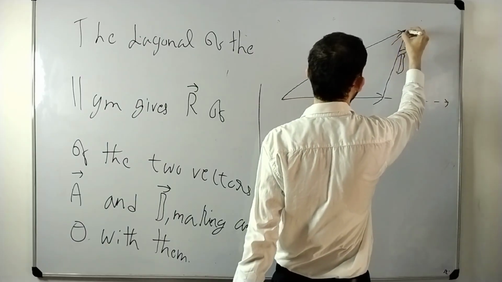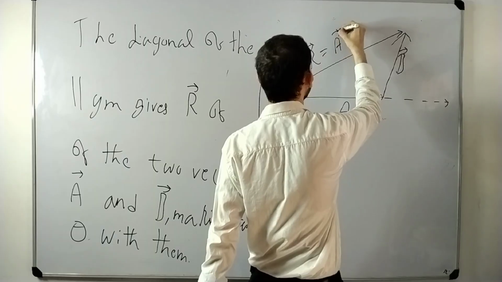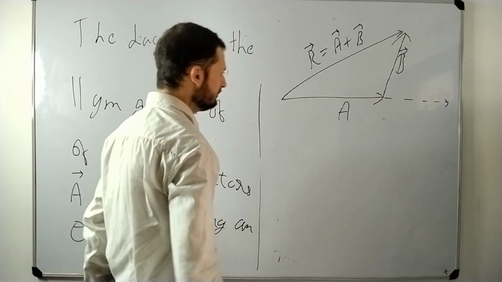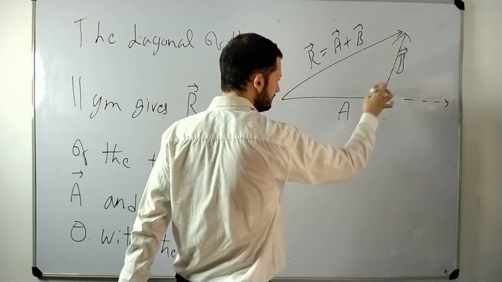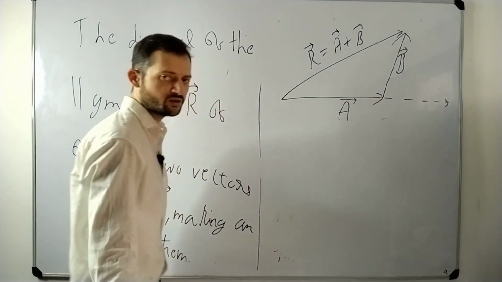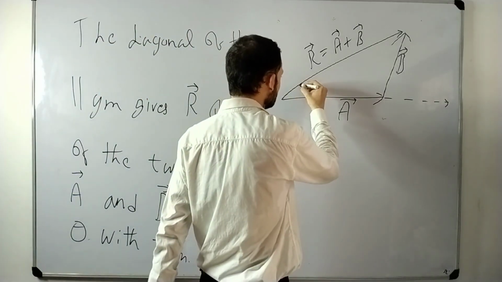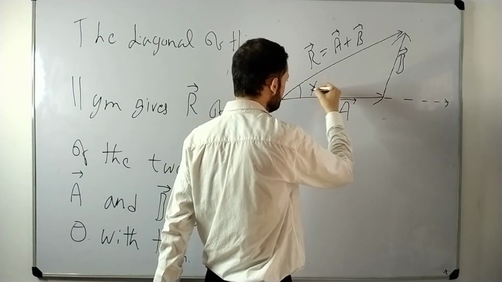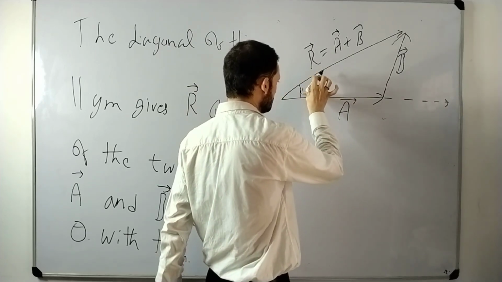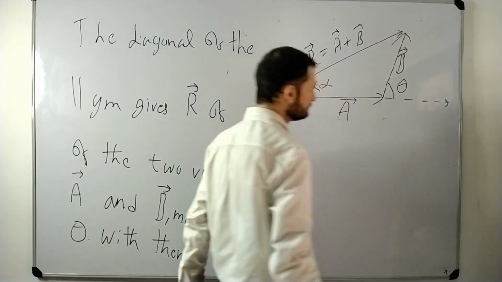This is the resultant R, which is A plus B. Is this the angle between both of A and B vectors according to the theory? No students, this is not the angle. Alpha is not the angle between them. This theta angle is between them.